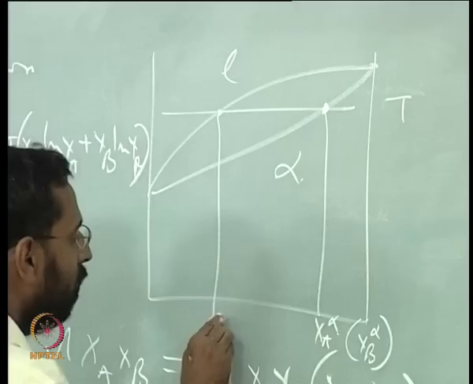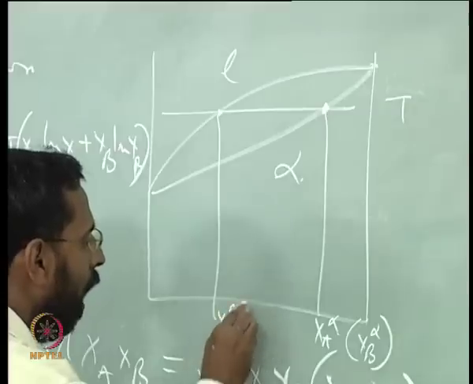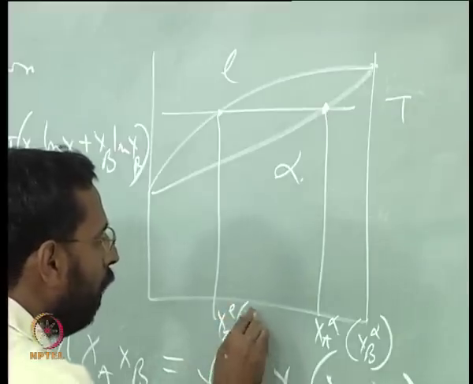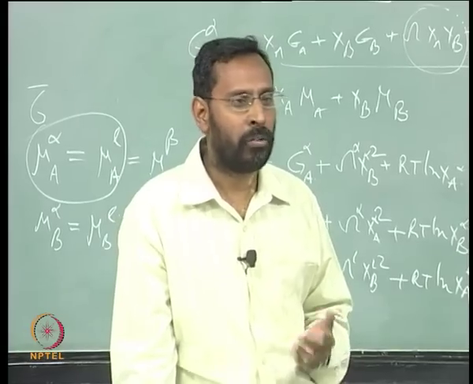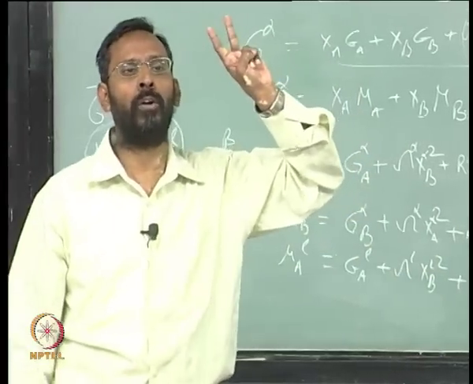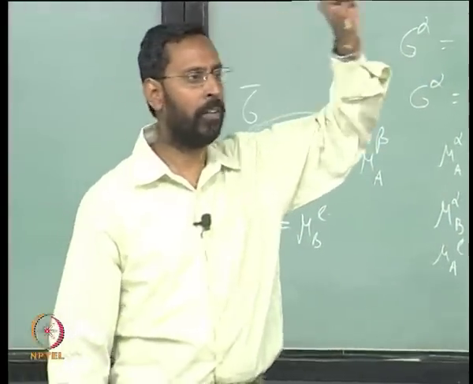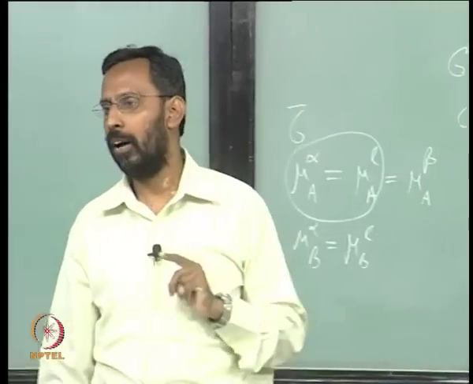Similarly here XA liquid or XB liquid. Once I know one of them, the second one is known to me. So these two compositions are to be found out at each temperature. That is our interest when we say we want to calculate the phase diagram. So at each temperature I have two unknowns. One is the composition of the liquid, another is the composition of the alpha.